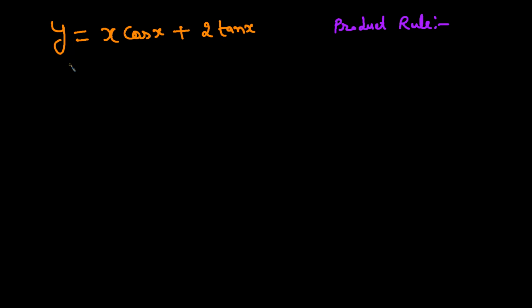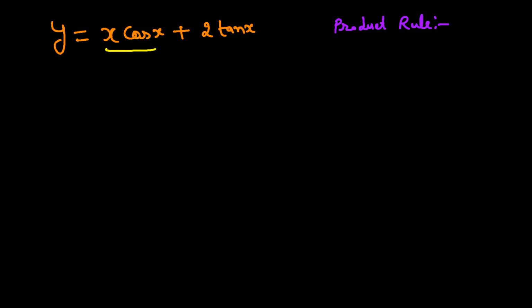So our function is y equals x times cosine x plus 2 times tangent x. For the first part we're going to use the product rule.